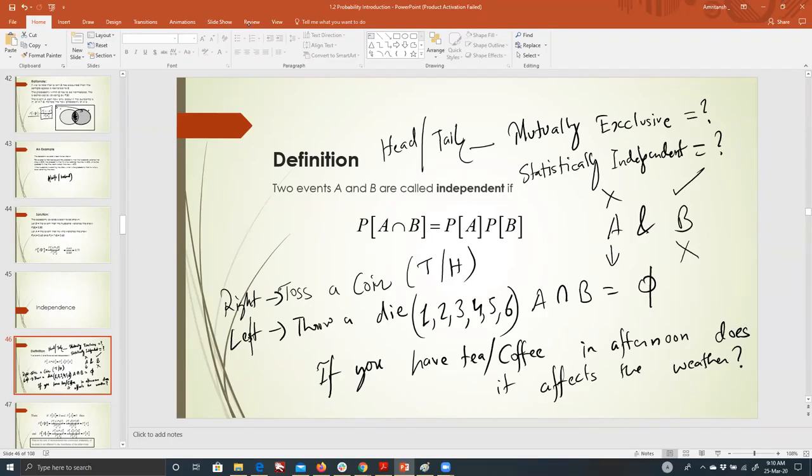Inhaling air at the time of corona. Would you like to elaborate on this? I did not exactly get it. So you are saying it is statistically dependent or statistically independent? That's the question. Okay, so inhaling at the time of corona.